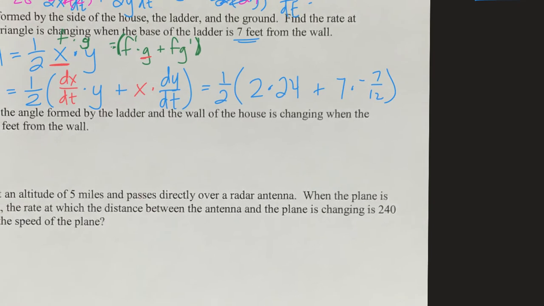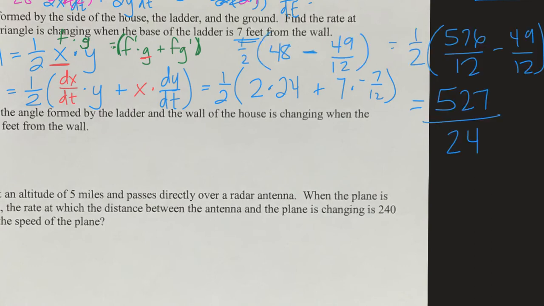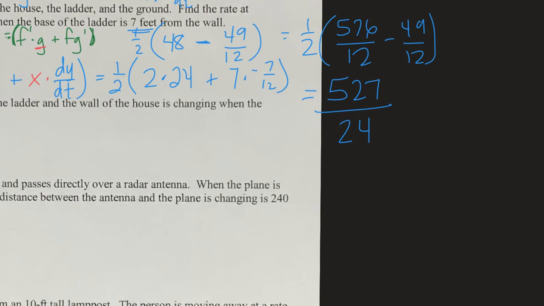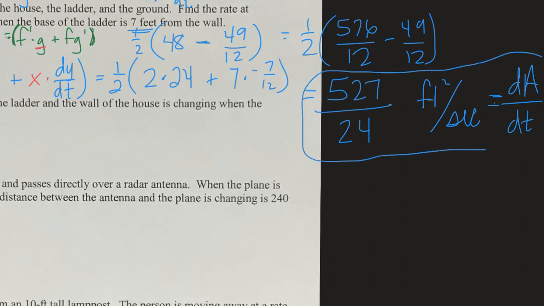Okay, so now this is just a matter of combining fractions and doing those kind of things. So I'm going to pause and do that for a second. There we go. 527/24, and our units are in square feet per second. Okay, so that's the rate at which the area is changing with respect to time. 527/24, a nice fraction.